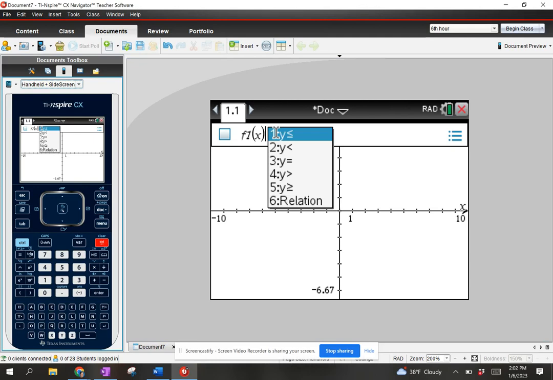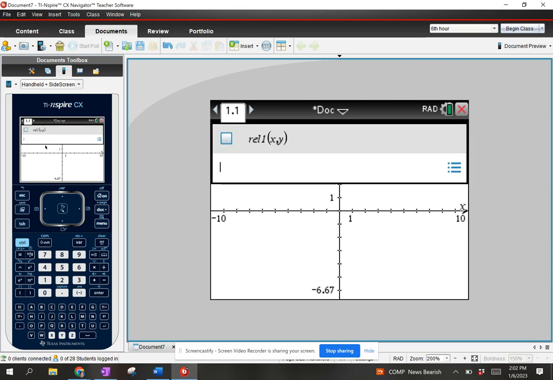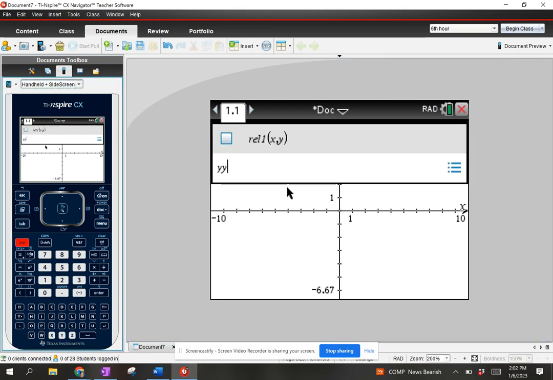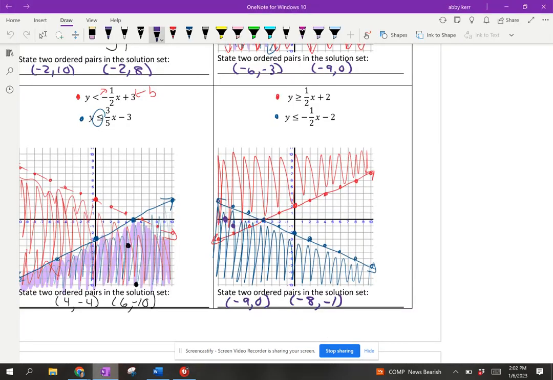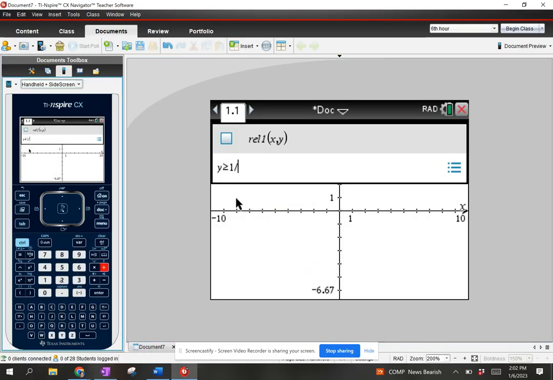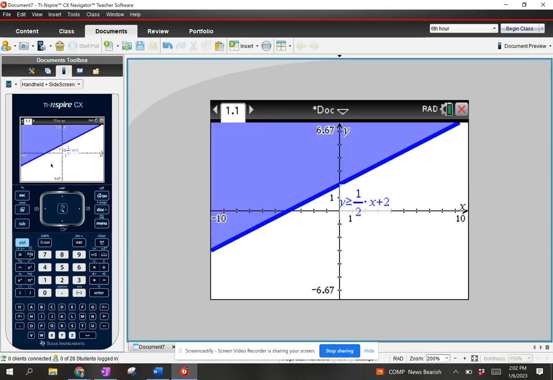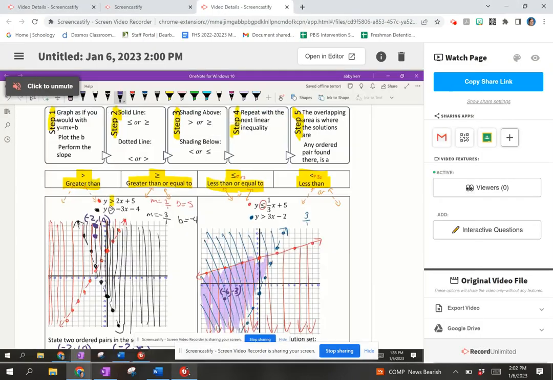So if you want, you can double check, hit the delete button. So the first one was greater than or equal to one half x plus 2. All right, so my first graph is correct. It's a solid line. I plotted it at the y-intercept of +2, and I did the correct slope.